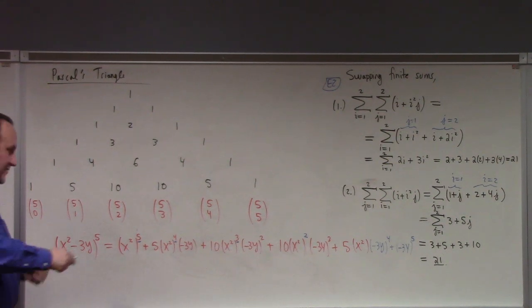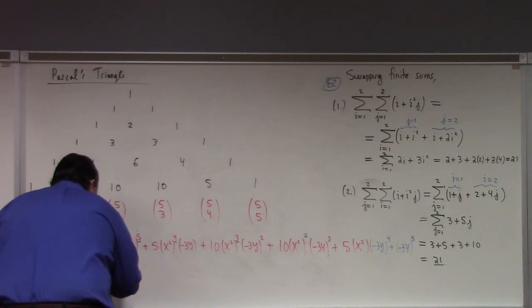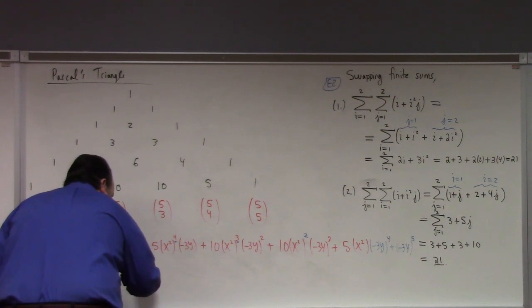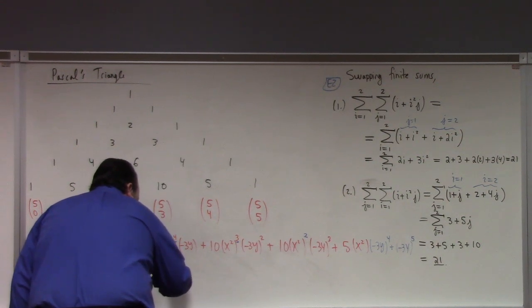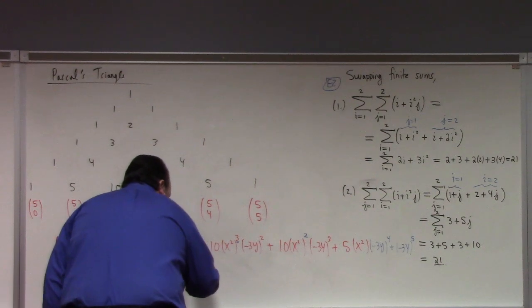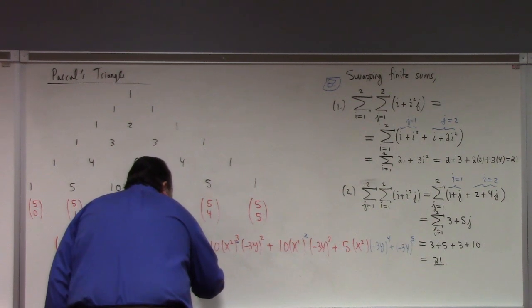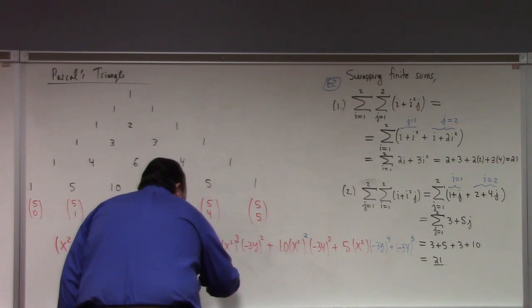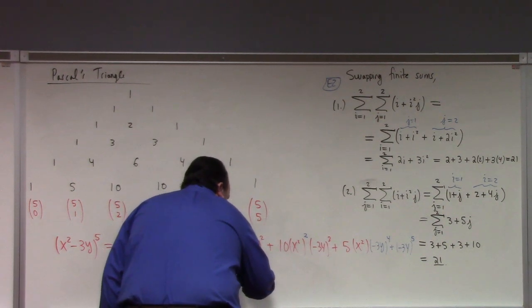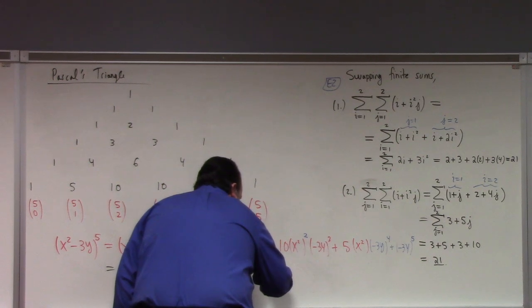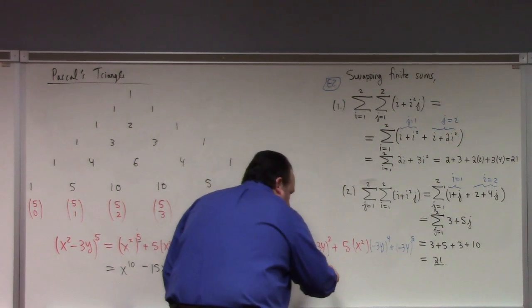I think multiplying this out is considerably harder. So we're looking at x to the 10th minus 15 x to the 8th y. I'm going to regret this. Plus 90 x to the 6th y squared, minus 270 x to the 4th y cubed.